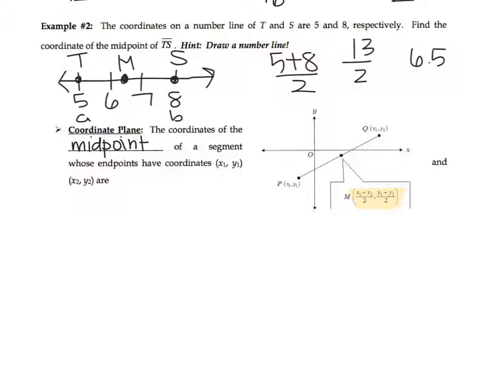The x coordinate is found by doing x1 plus x2 divided by 2, and the y coordinate is found by doing y1 plus y2 divided by 2. It's a very similar concept to on a number line where you just add the endpoints, but you have to add the endpoints for each coordinate to get our new coordinate for the midpoint.